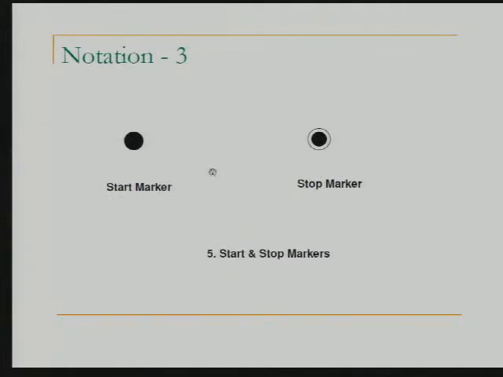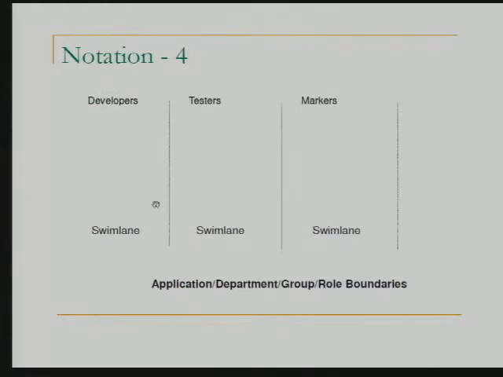A few others, we're going to have a similar start and stop marker from the state machines that you're used to. So those should look familiar to you. We are going to introduce another part of the notation called swim lanes. Think of this as a way of separating out different activities from different parts of the system.